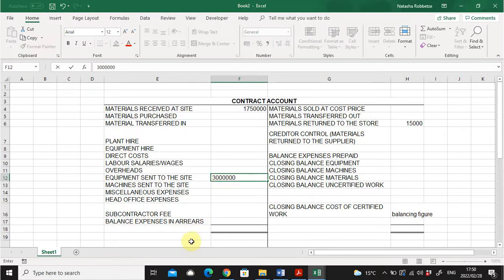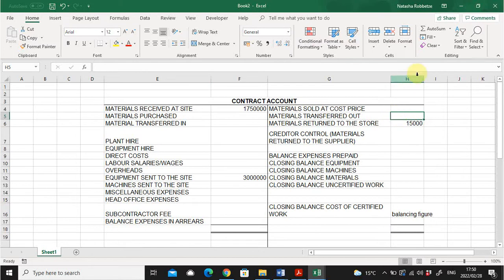Then it says material transferred to another contract, 100,000. So I said materials transferred out is 100,000. Should materials be transferred to the contract, then it would be on this debit side. But since it's going out, the contract is worth lesser because we're not going to be able to use that material anymore.